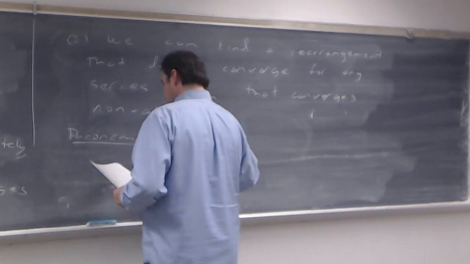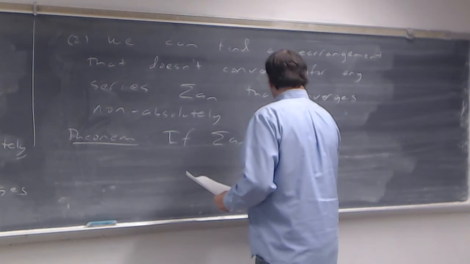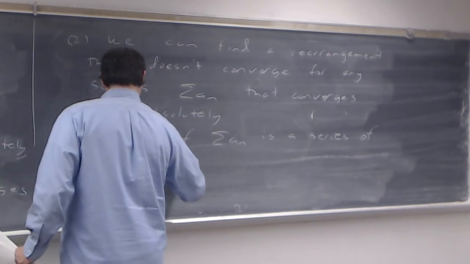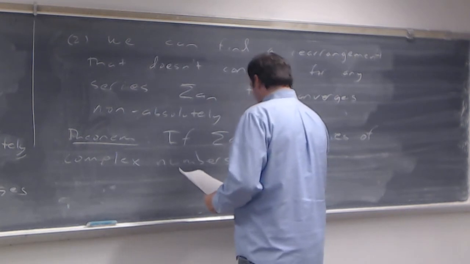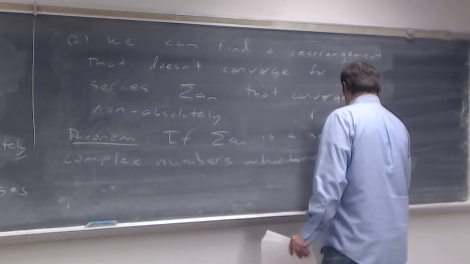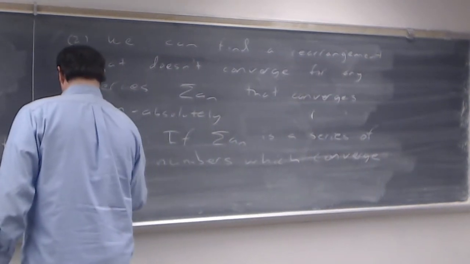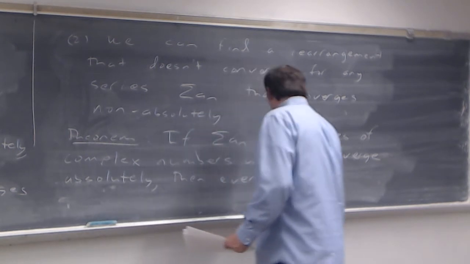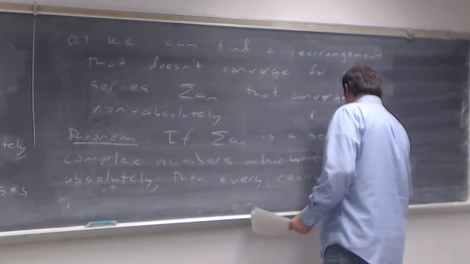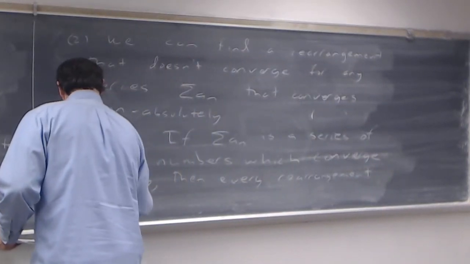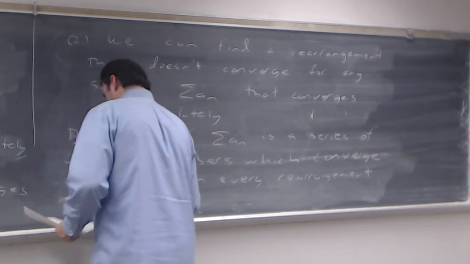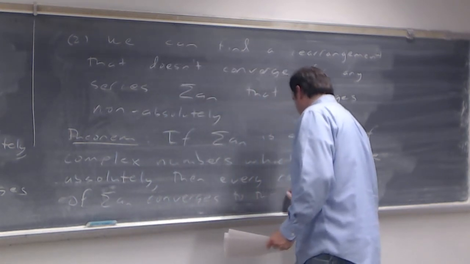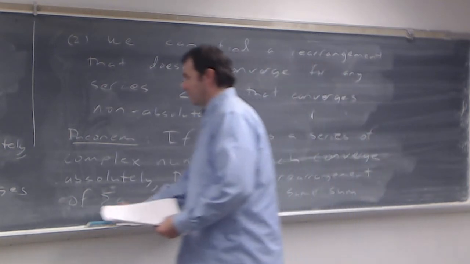So here it says, if the sum of a sub n is a series of complex numbers which converges absolutely, then every rearrangement of this series converges to the same number, the same sum. And we're going to prove this.